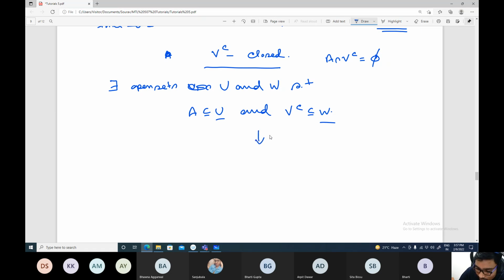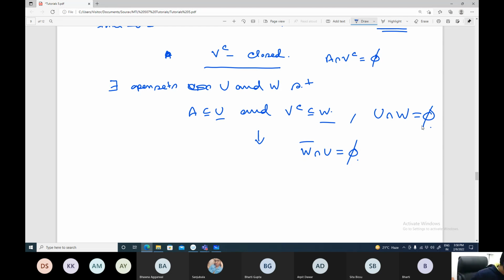Now again, what we can say is that W closure intersection U is empty, by the same previous argument, right? And here also, U intersection W is phi, right?